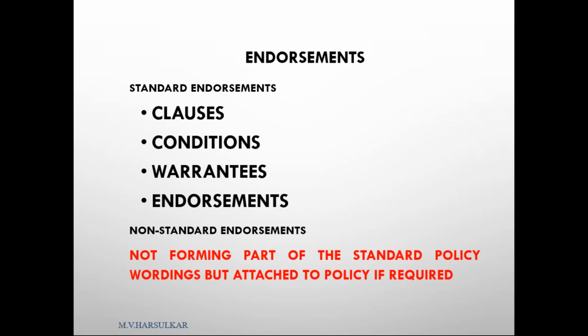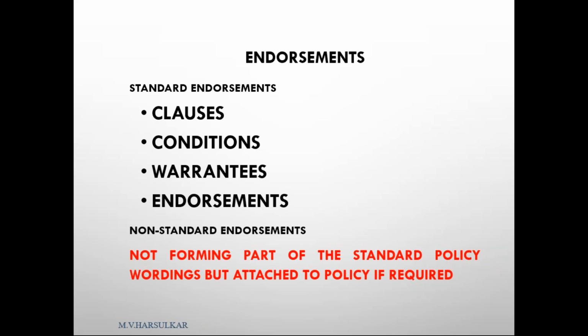This classification of standard and non-standard is based on what is allowed in the tariff. That is called a standard endorsement. What is not given in the tariff is a non-standard endorsement. In engineering particularly, the tariff provides for many things, but TAC had not given the endorsement wording. So each insurance company follows certain wordings.